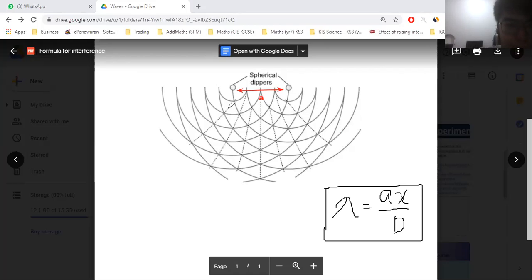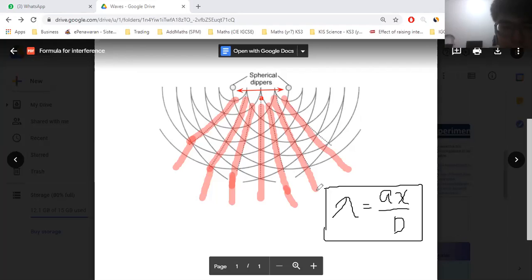For example, let me plot this. This is constructive here, and here, right? All this. In fact, if you put a screen here, usually they'll put a screen for light, because this is water waves, right?